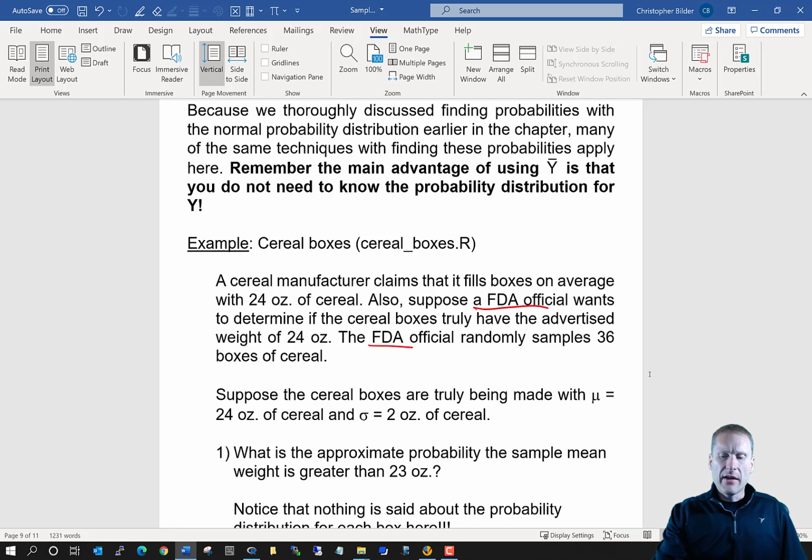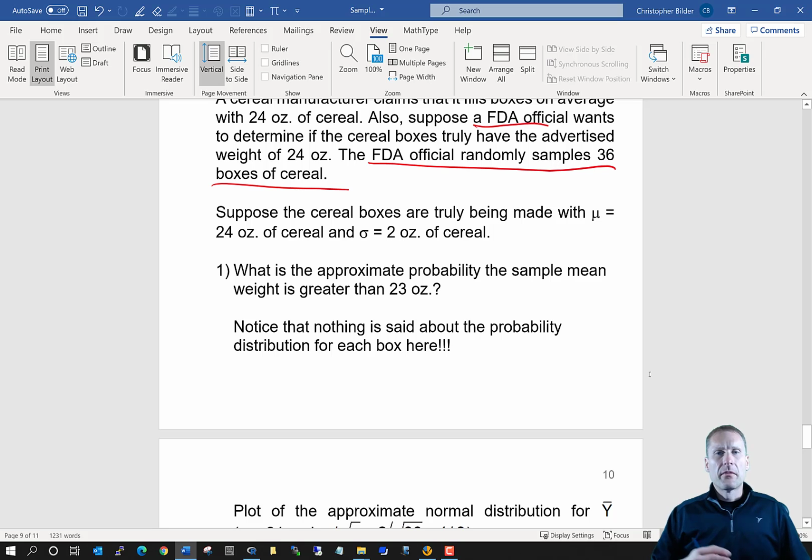So what the FDA official does is randomly sample 36 boxes of cereal. Given that, we now want to apply the central limit theorem here. Let's say that indeed this cereal company is doing everything right. It is putting on average 24 ounces of cereal in every box, perhaps with a little bit of a high standard deviation of 2 ounces, but let's just go with this example.